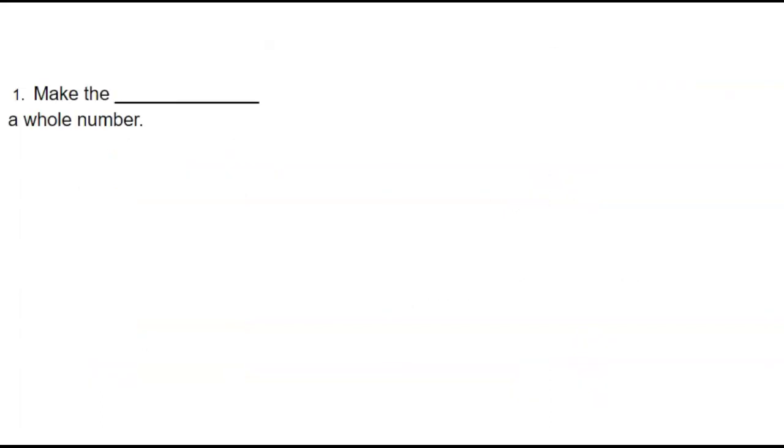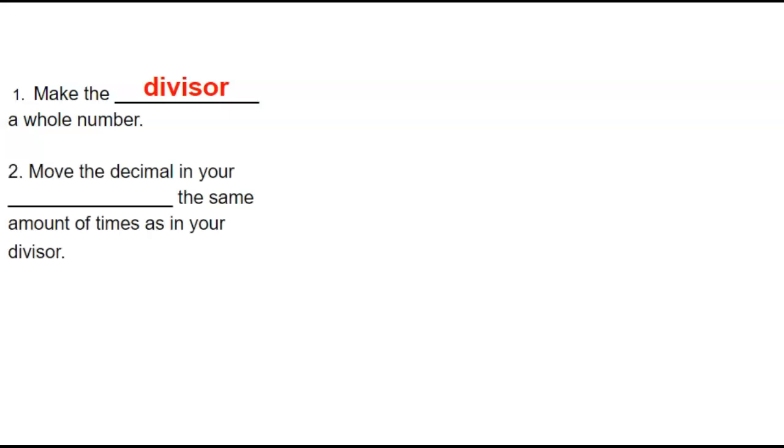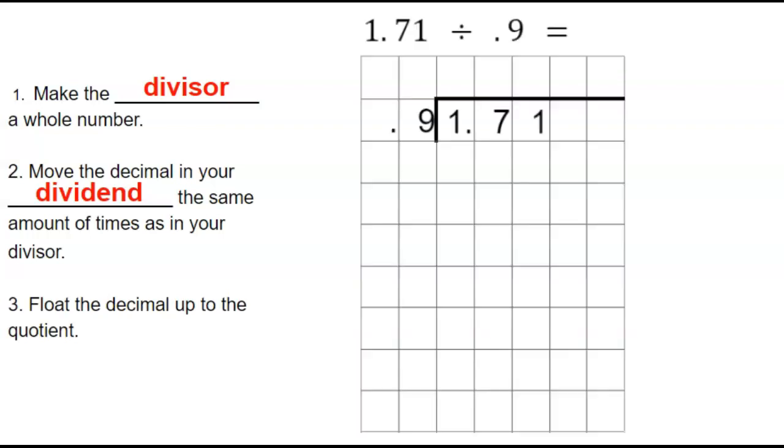Let's look at an example. If we want to make the divisor a whole number, then we move our decimal to the right until our divisor is a whole amount. Then we move the decimal in your dividend the same amount of times as in your divisor. And then finally float the decimal up to the quotient. Let's practice.